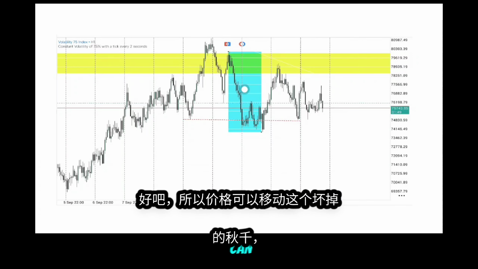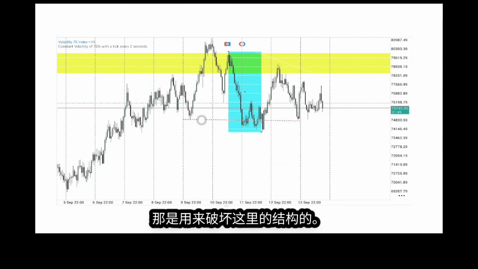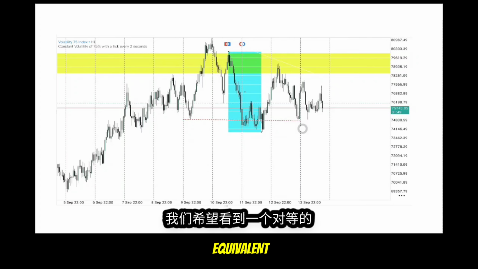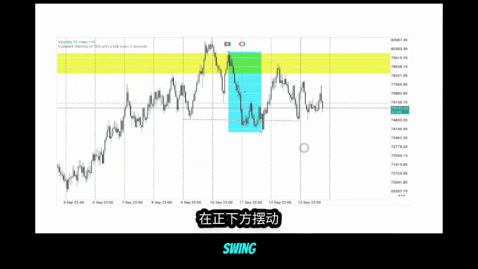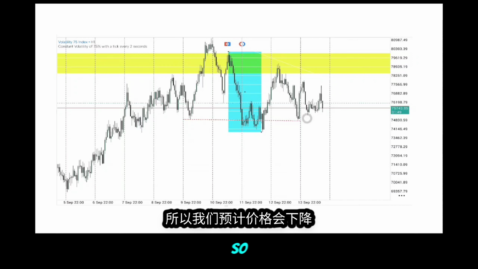We want to see an equivalent swing right beneath when price has taken this low. So we are expecting price to come down, take this low, and when it does that, we want to see a relative swing equivalent to from this high to this low.